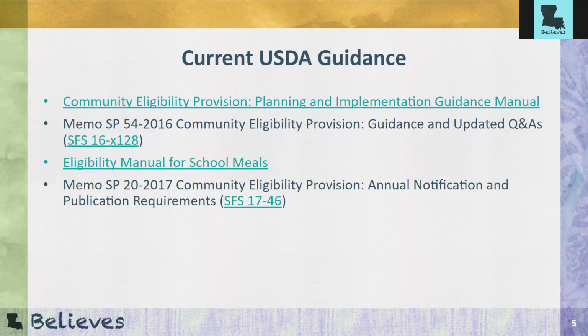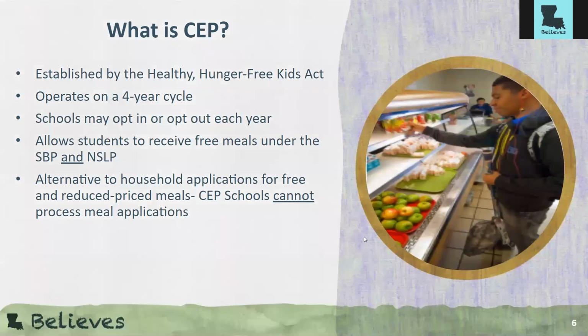And then Memo SP 20-2017, which is the annual notification and publication requirements, was released in March of 2017. So most of our guidance is from 2016, 2017, and that is the most current guidance that we have.